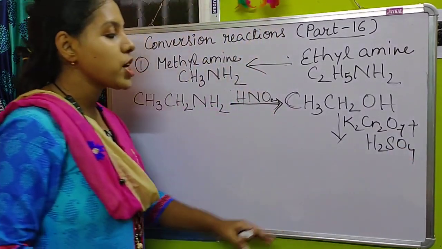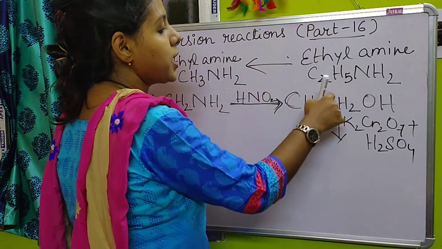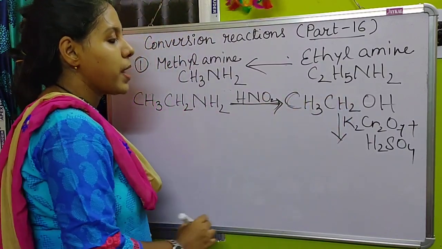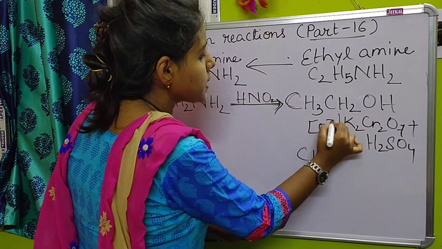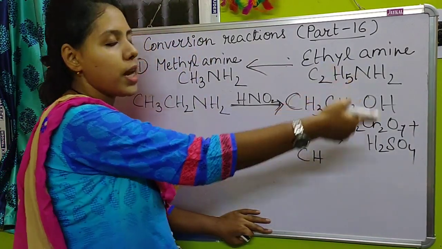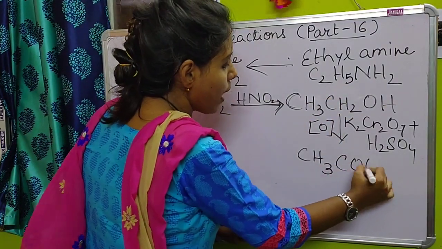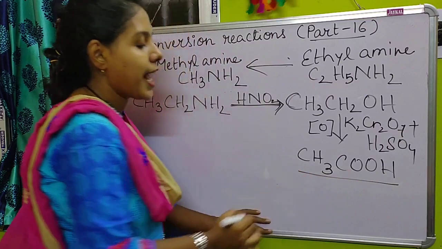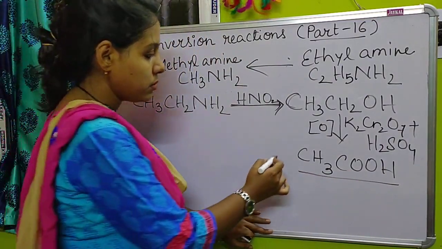Hydrogen will be removed and one oxygen will be added, because this is an oxidation reaction, that means removal of hydrogen and addition of oxygen. We get a carboxylic acid, acetic acid, CH3COOH.